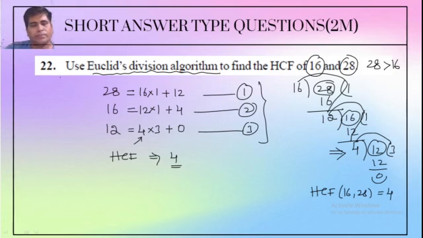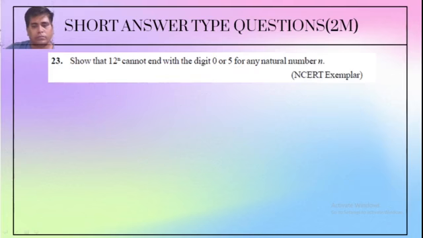Next, show that 12 to the power of n cannot end with 0 or 5 for any natural number n. So very simple question: 12 to the power of n. In this we'll factorize 12.